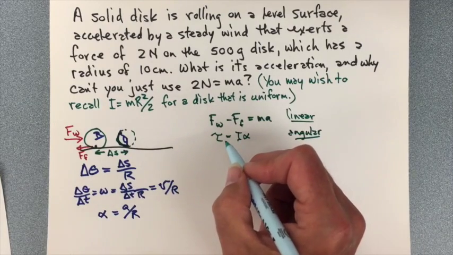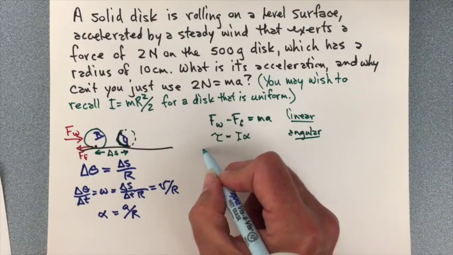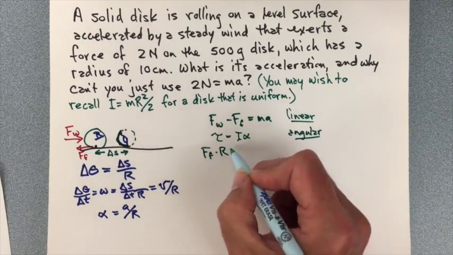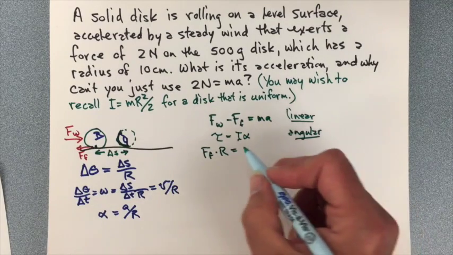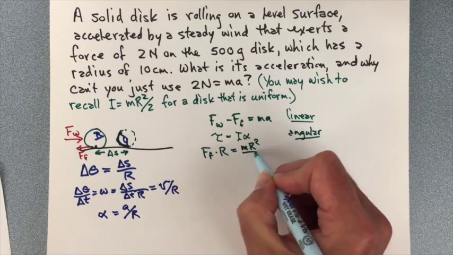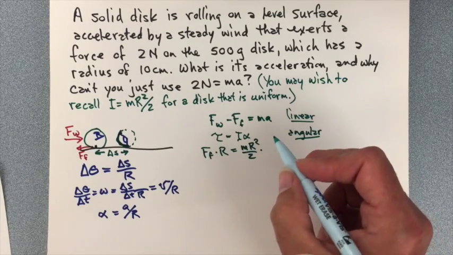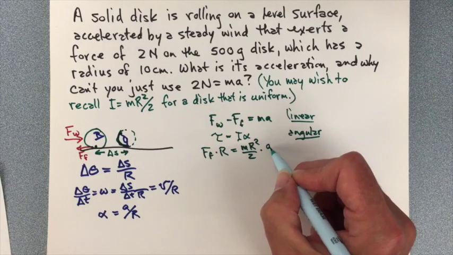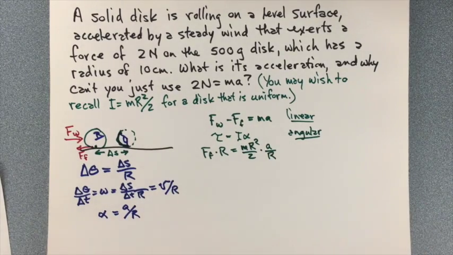This we can clean up a little bit by using the fact that the torque is equal to the force of friction times the distance at which it's applied, which is r. And the moment of inertia is mr squared over 2. That was given to us. And the angular acceleration is equal to the linear acceleration divided by r. That's what we found just over here.